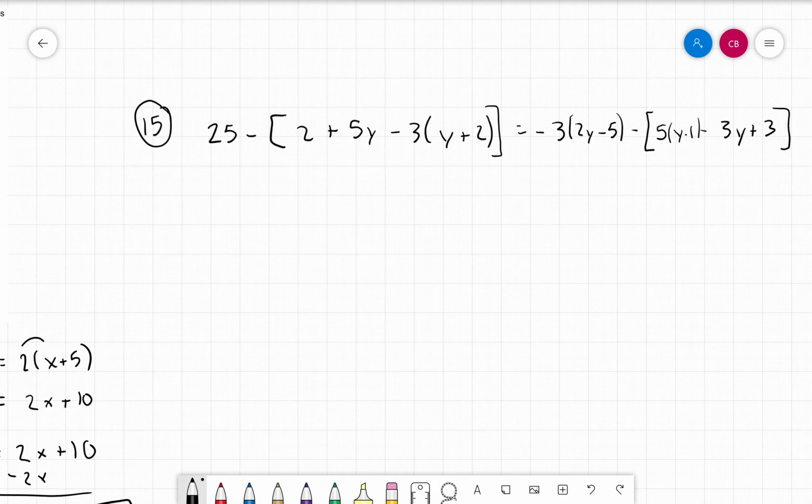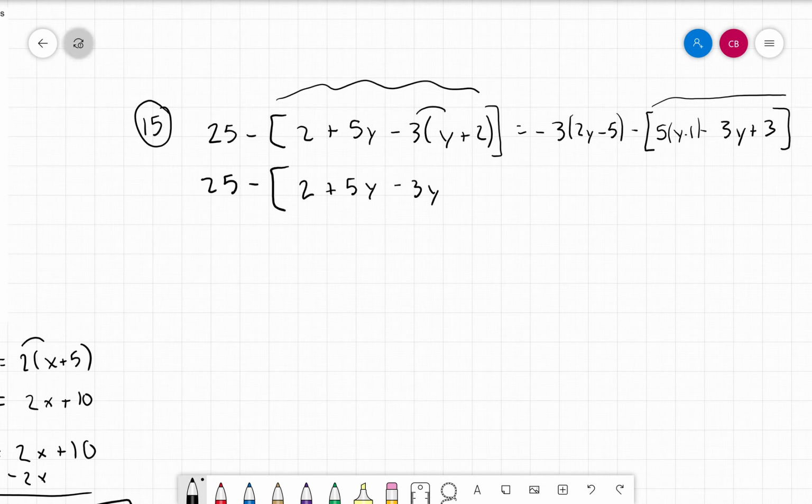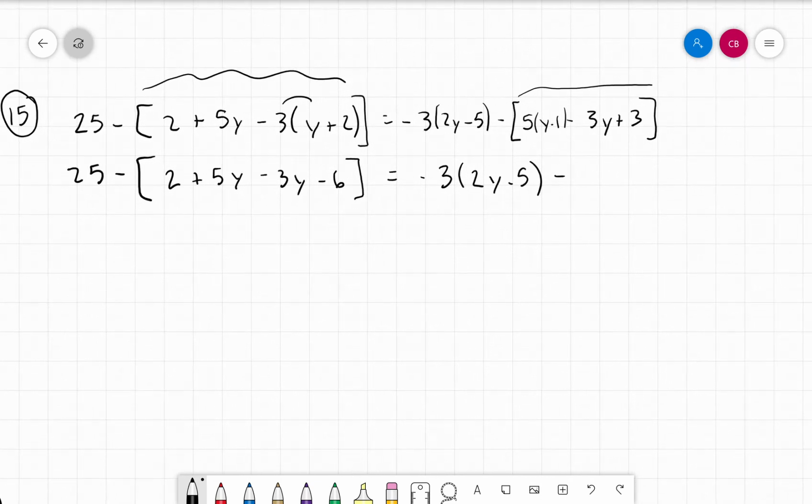So we're going to start inside the brackets. That's these things. This is going to be 25 minus, okay, so we're going to combine like terms and distribute. So we have 2 plus 5y minus 3y minus 6. Close the bracket, is equal to negative 3 times 2y minus 5, minus 5y minus 5. This is a minus sign, by the way.